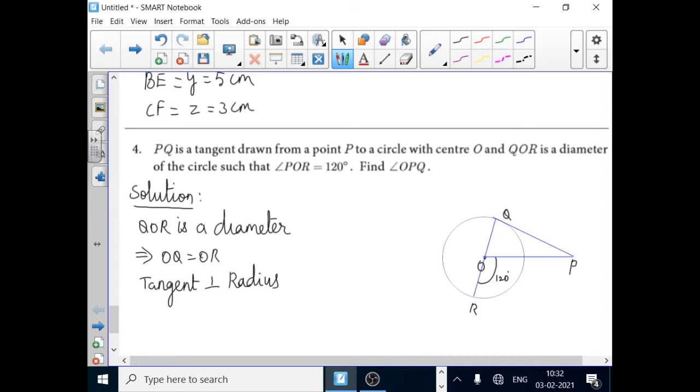So tangent is PQ, so PQ is perpendicular to OQ. So this angle is 90 degree. Therefore angle OQP is equal to 90 degree.